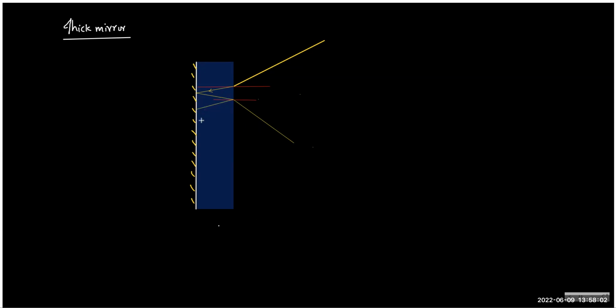A partial reflection will take place, but that is very small, and then again reflection will take place. Again, this story will not stop here. This will repeat infinitely. So this takes place only for a thick mirror. Anything more than a measurable thickness, it will take place.